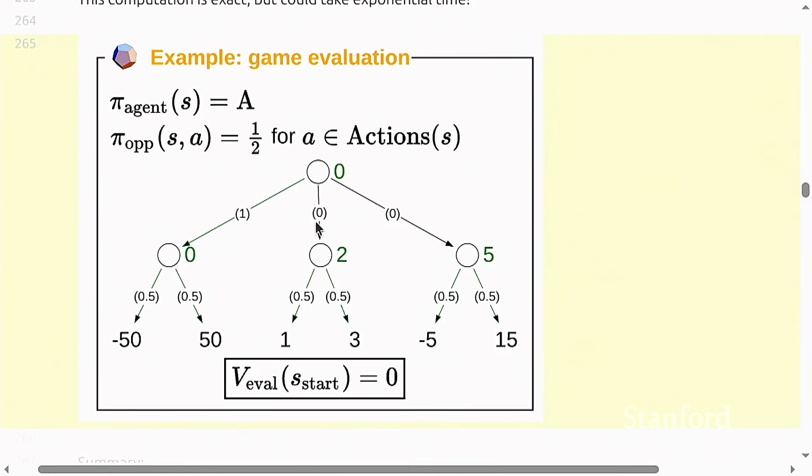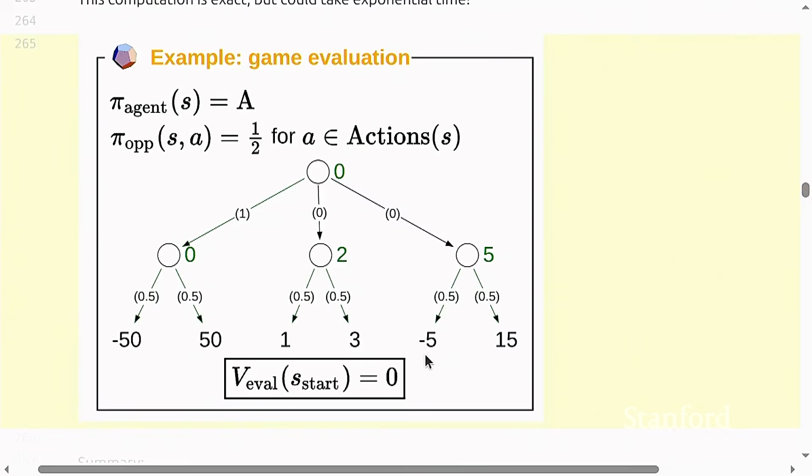So conceptually, what the recurrence is doing is that for every node, from the bottom leaf to the top, it's going to compute a value, which I've denoted in green here. The value of this node is going to be 0.5 times minus 50 plus 0.5 times 50. That's going to be 0. Here it's 0.5 times 1 plus 0.5 times 3. That's going to be 2.